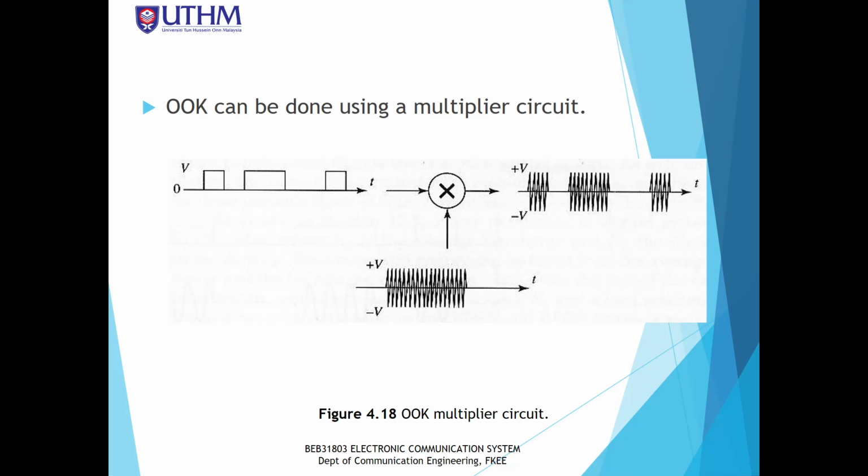And then what? So OOK can be done using a multiplier circuit. This uses a multiplier circuit, which performs a mathematical multiplication process. Okay, if you look at the symbol X here, it will do the multiplication process. So here is 1 0 1 1 0 0 1. Okay, so multiply with the analog carrier.